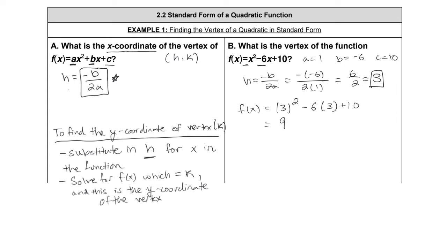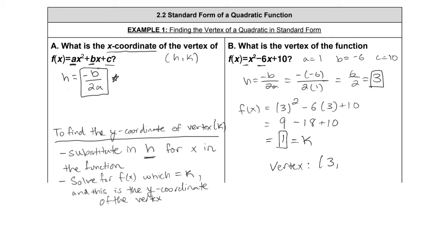3 squared is 9. -6 times 3 is -18. And then plus 10. And then when we combine them all together, we get 1, which is your k. So therefore, your vertex is h comma k.